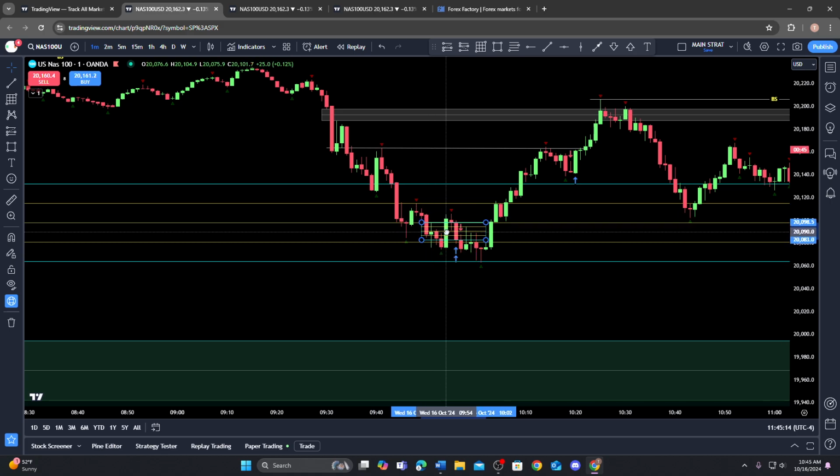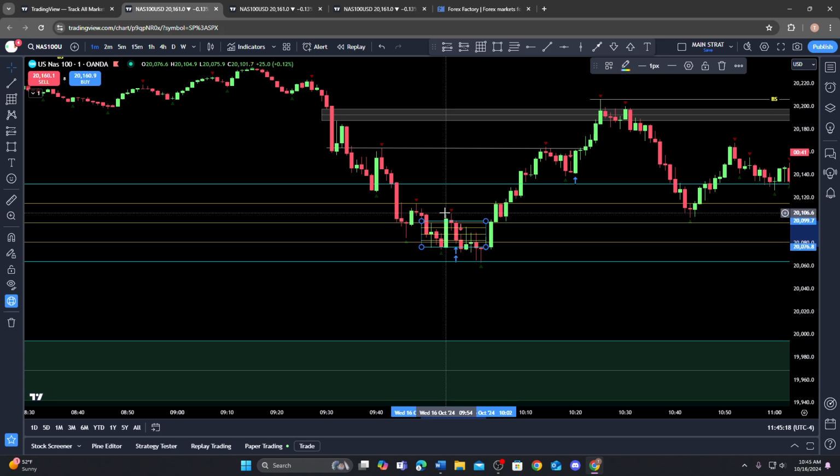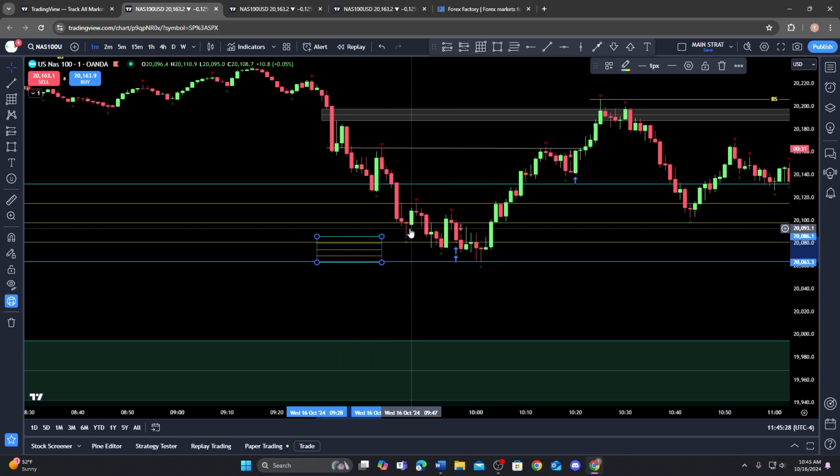So when it came to this one here, price traded above it, this green candle here. So that's a shift in order flow for me, right? In all honesty, I probably should have waited for it to break above this one, made a higher swing here before trading. But anyways, I didn't.